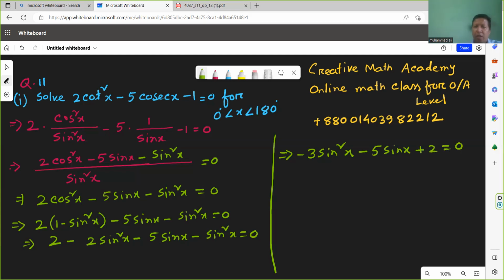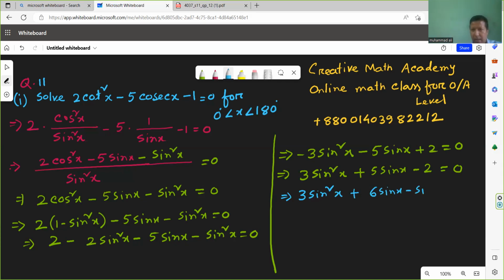It will be better if we multiply both sides by minus. So it will be 3 sine square x plus 5 sine x minus 2 equals 0. After that, we will do the factorization. So 3 sine square x plus 6 sine x minus sine x minus 2 equals 0.